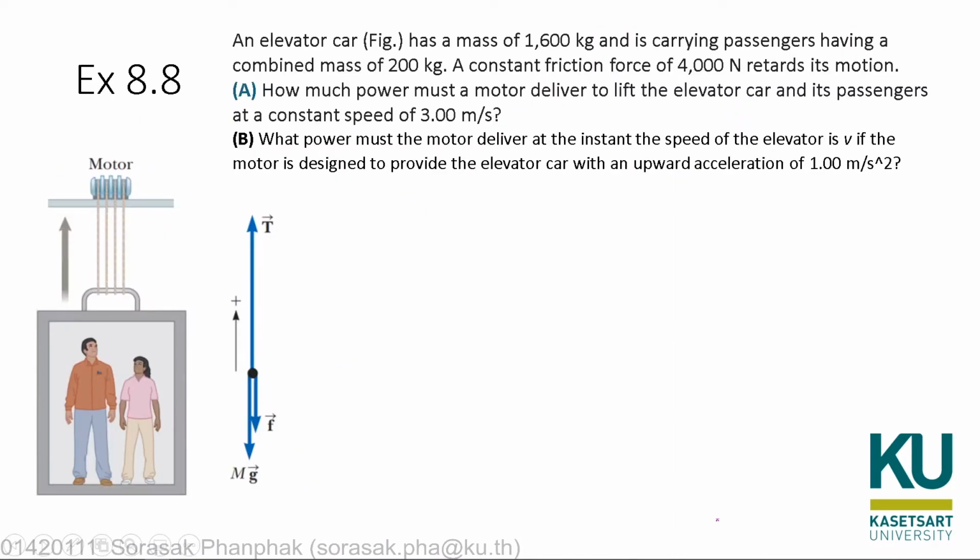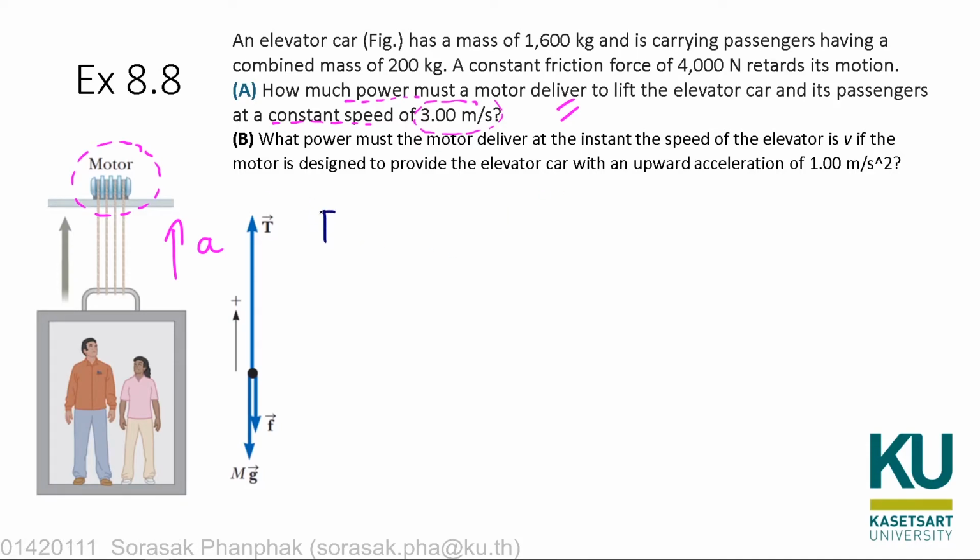So let's go through this problem. The problem is showing the motor is the main thing that drives this passenger going upward with acceleration. You would like to determine the power consumption at the motor delivered to the lift with the constant speed of 3 meters per second.